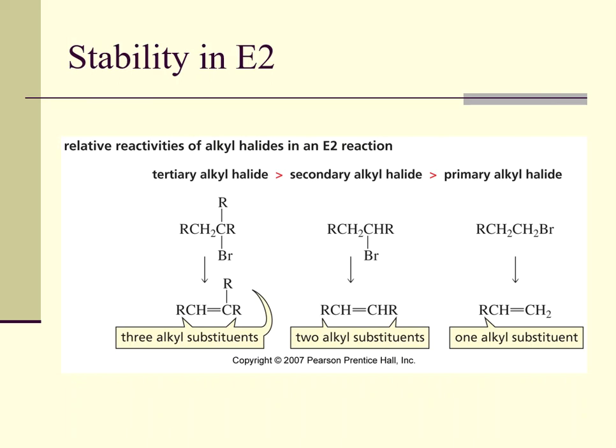So if we have an E2 where we're solely focused on the carbon that did have the halogen group in the beginning, look at this. Here's the bromine, and then right up here is the carbon that's on that bromine. That's the alpha carbon. If that alpha carbon is tertiary, or secondary, or primary, we can use that as a judgment call to figure out a little bit of relative reactivity.